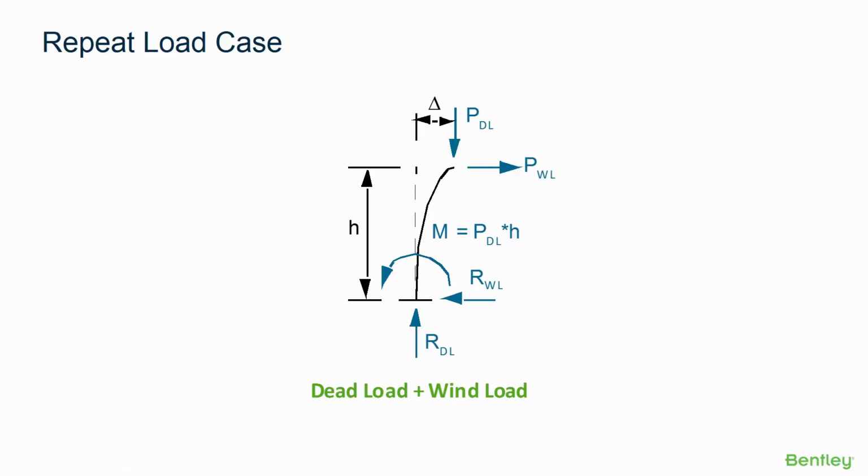In a repeat load combination, STAAD.Pro will apply the load cases on the structure simultaneously and then calculate their combined results. When dead load and wind load, for example, are combined together, the second order effects caused by the lateral load combinations being applied with the gravity load combinations will be captured and the additional moments may be created.